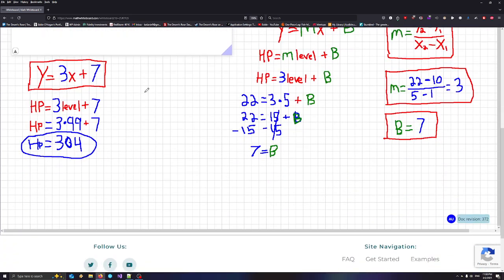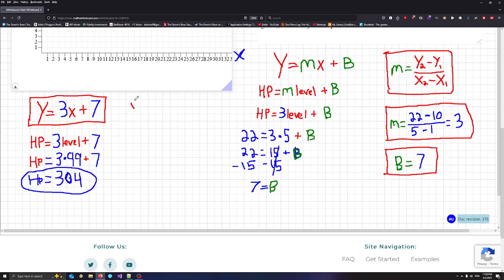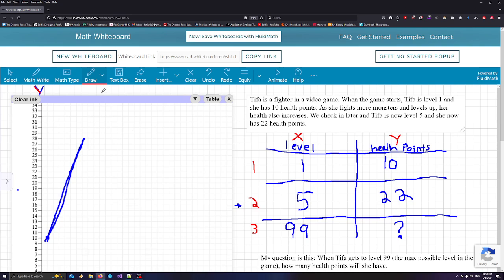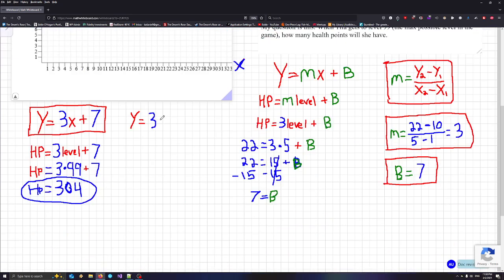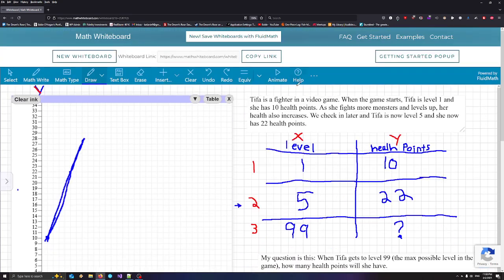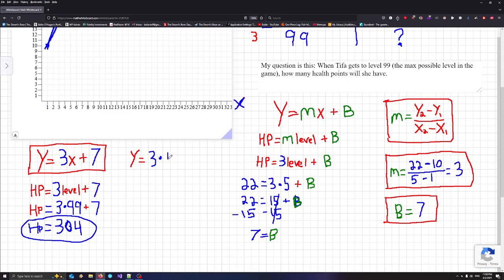So y equals 3 times level 1 plus 7. Anything times 1 is itself, so 3 plus 7, and 7, 8, 9, 10. So yeah, y equals 10.